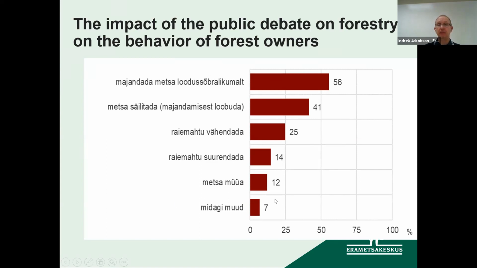And only 12% of forest owners say that after the public debate they started selling the forest more. But even 12% means that a lot of people know that they have a forest and they can really use it, despite the different disputes about it.